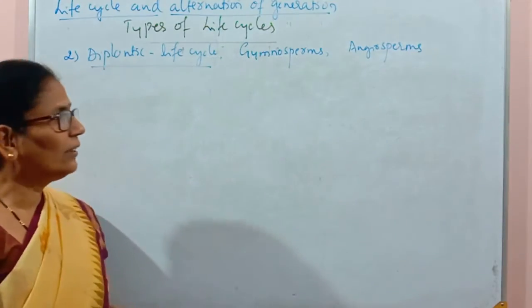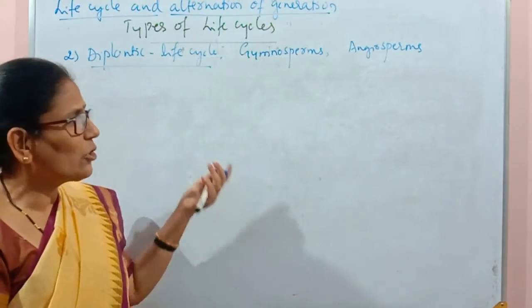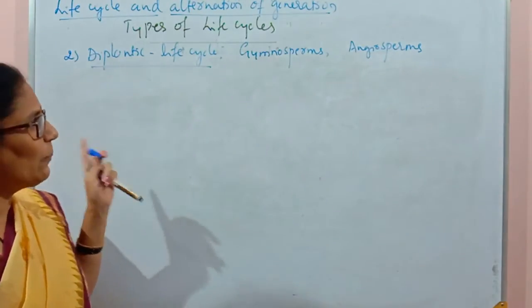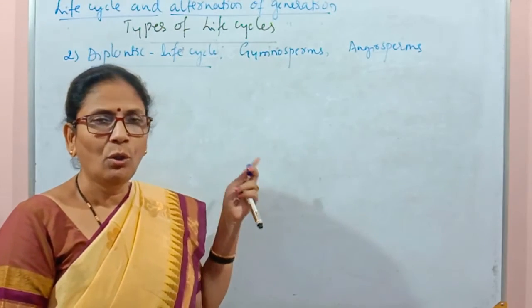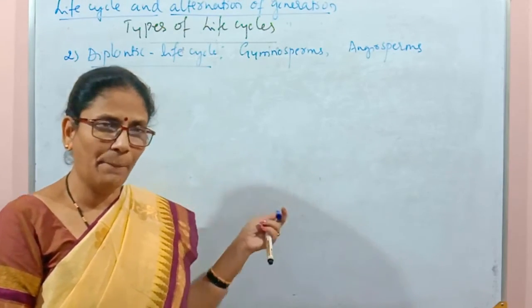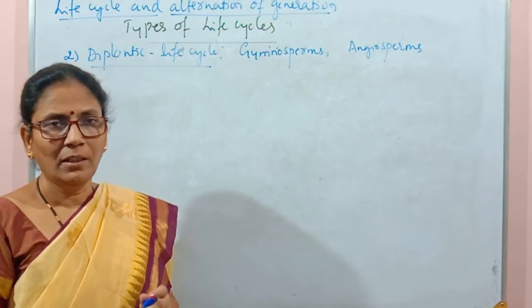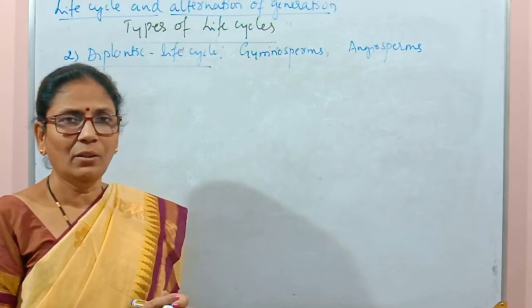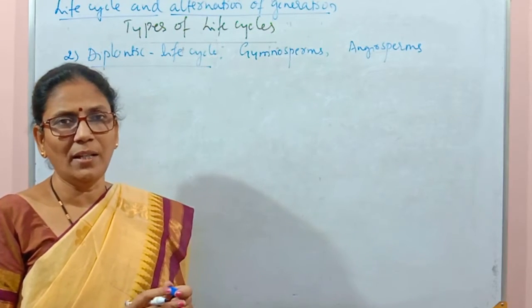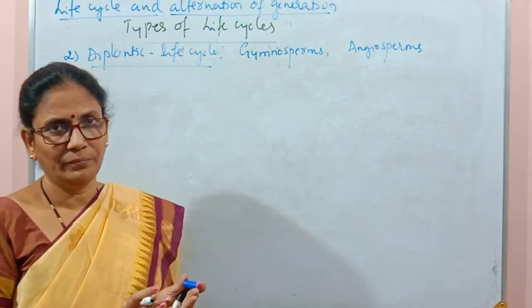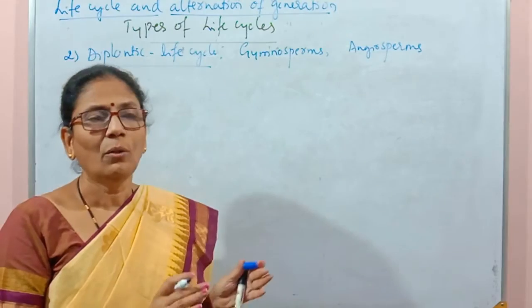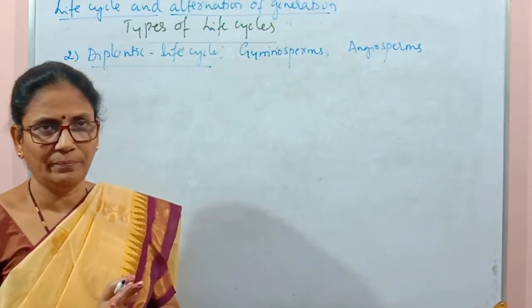Here the sporophyte is dominant, photosynthetic and free living, whereas the haploid gametophyte is highly reduced and represented with a 1-2 celled structure.